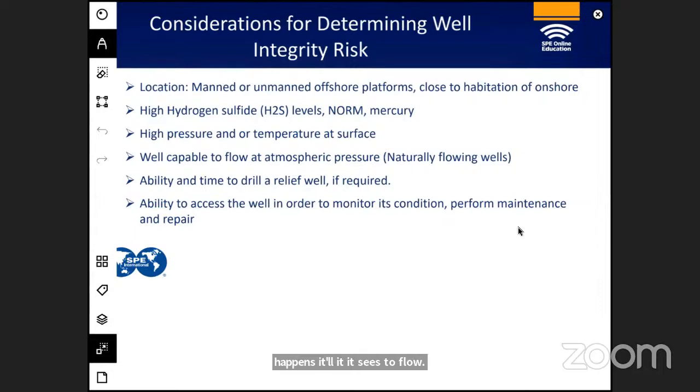And the ability and the time required to do a relief well, or to do an intervention for killing operations. So these all have to be considered, because till such time the well will continue to flow.